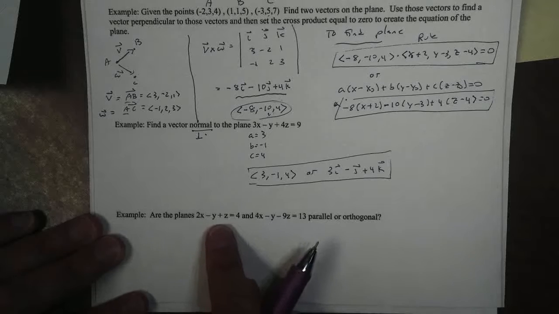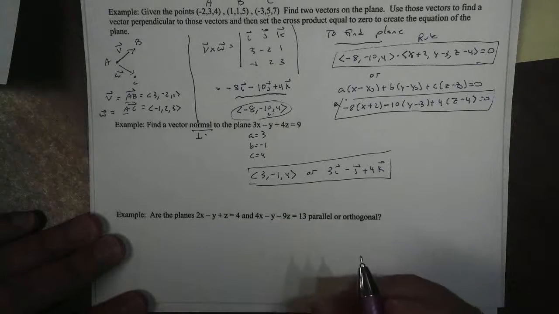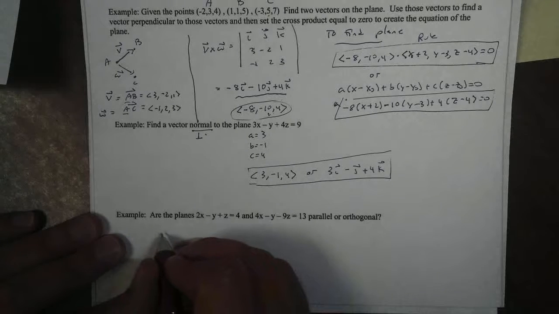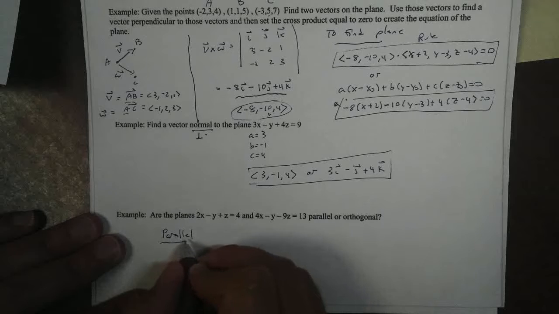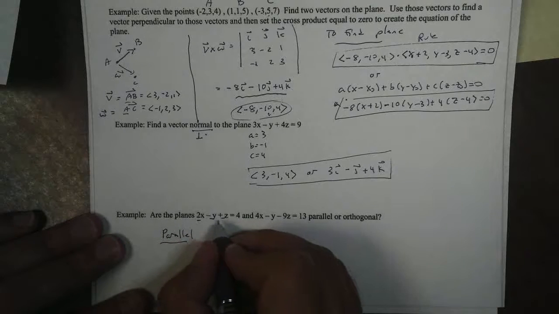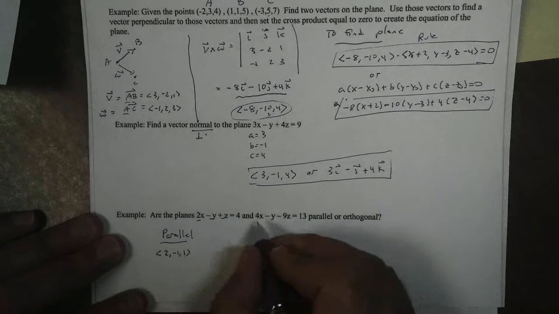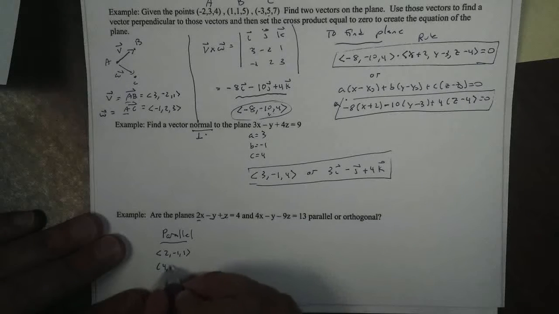And the next question says, are the planes parallel or orthogonal? Well, to check parallel, there's a couple ways you can do it. I just like to check their directions. The first plane, I can just look at its direction, 2, negative 1, 1. And then the second vector, 4, negative 1, negative 9.